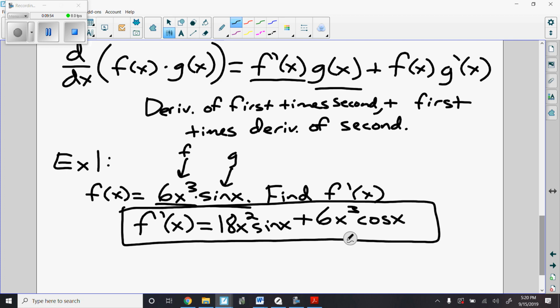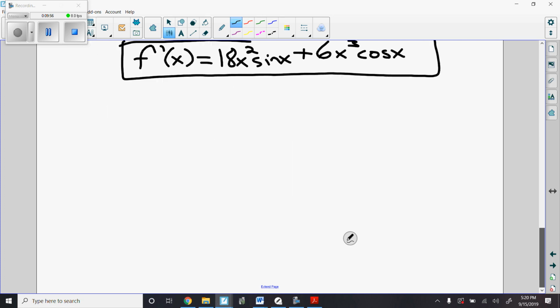Let's do one more example. So y equals tangent x times natural log x.